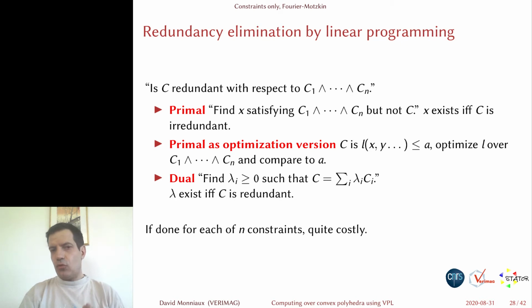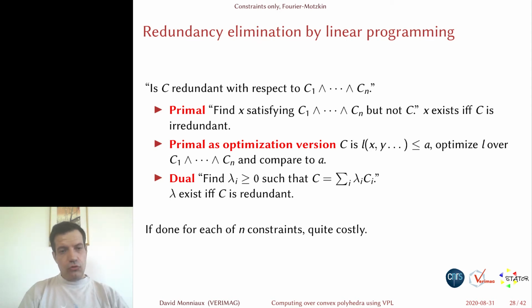So this means that this new constraint is useful for removing at least one point. So you ask a linear program without an optimization function to provide you with this witness point that your new constraint is actually useful. You can express the same thing as an optimization problem, but really it's the same thing.